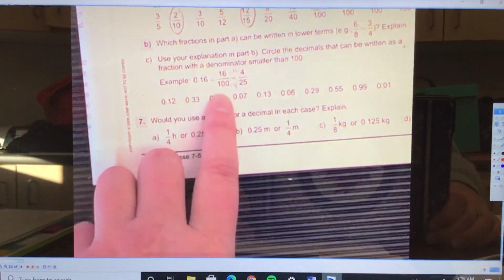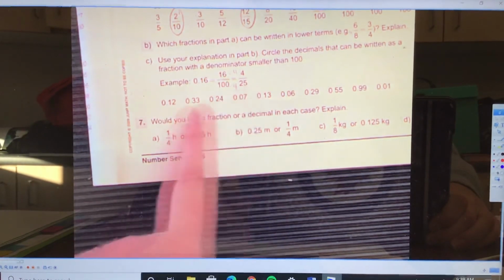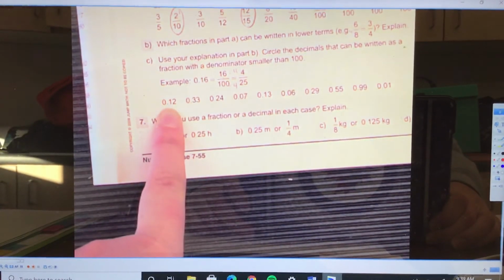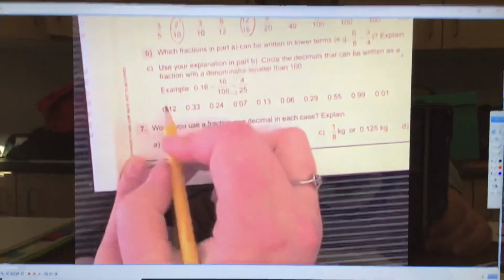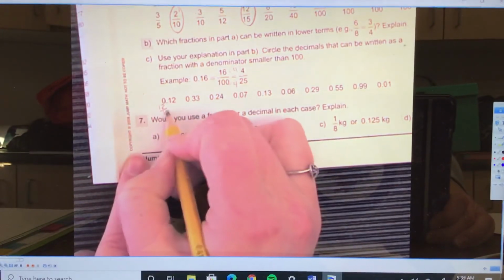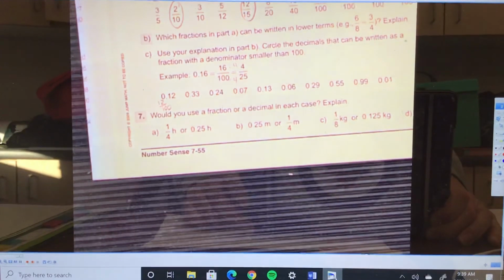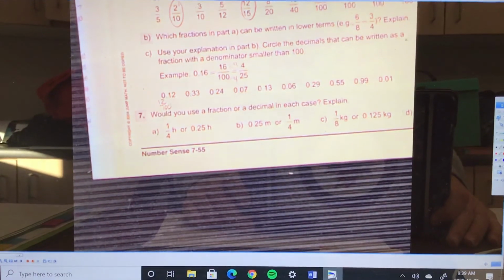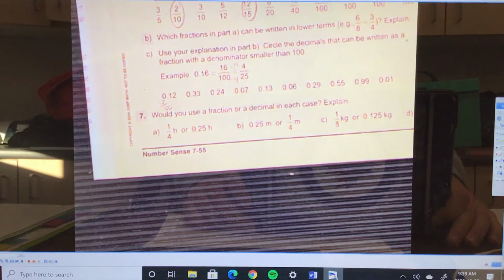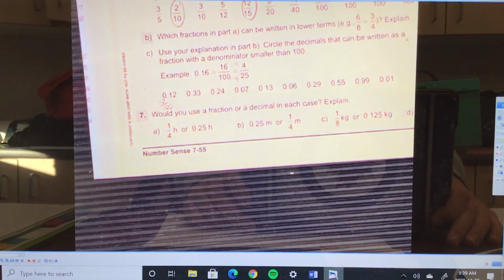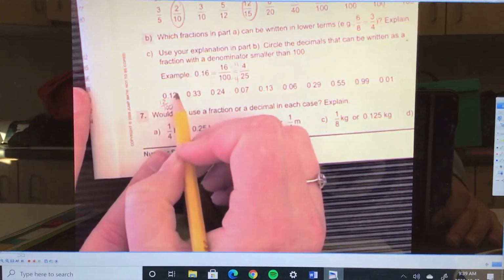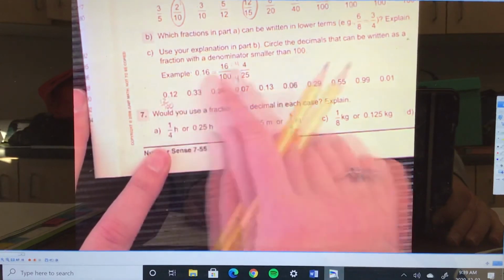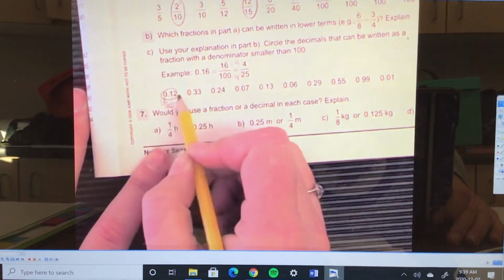Okay, so we need to look at whether there are numbers that we can make smaller once we turn them into a fraction. Because these will all become, say, 12 out of 100. Can we divide 12 and 100 by the same thing? We could divide them both by 2. So they could go into smaller terms. So they could become smaller than 100.